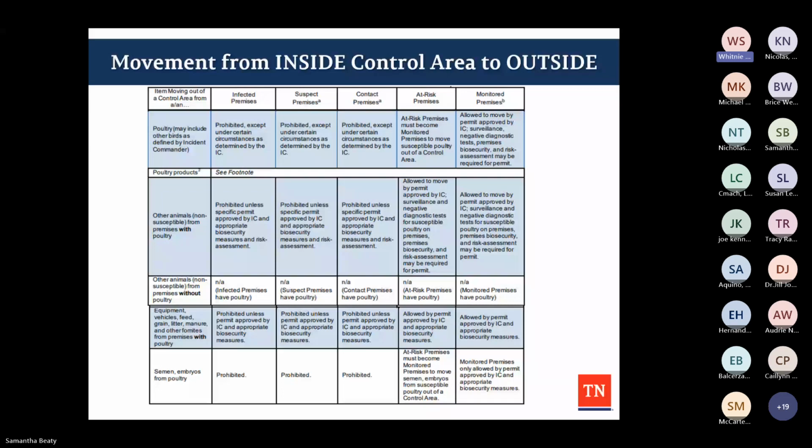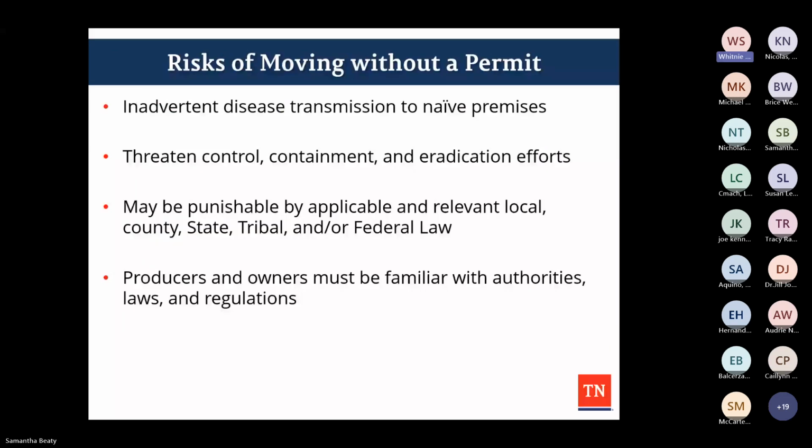So this just kind of outlines all the different types of movements that may be taking place. But for the most part, feed, manure, and especially live birds and eggs, if they are moving anywhere inside or out of a control area, we're going to require a permit to move that. You can go to the next slide.